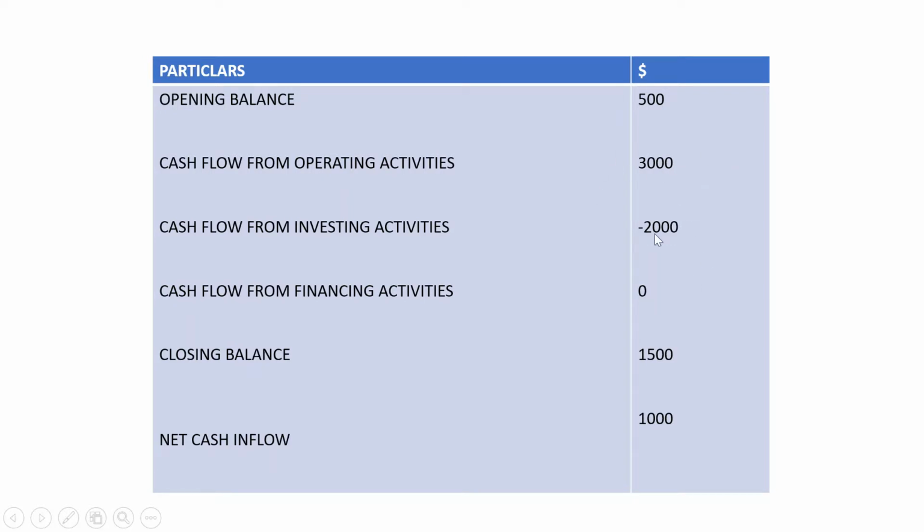Now reconsidering the same example, cash flow statement can also be used to analyze the performance of a business. Let us assume that these are the annual figures of a company. Now, the company is earning profit from its operating activities.